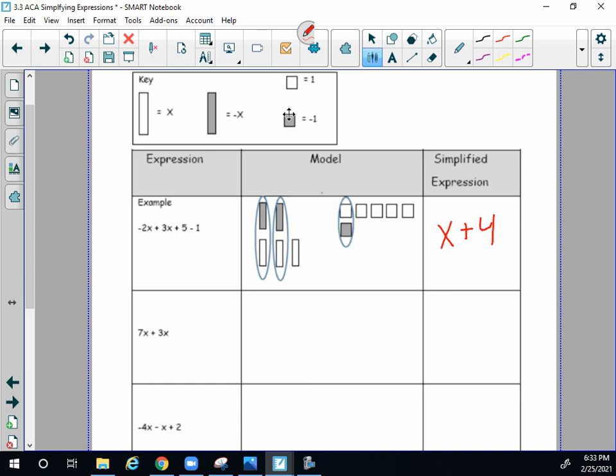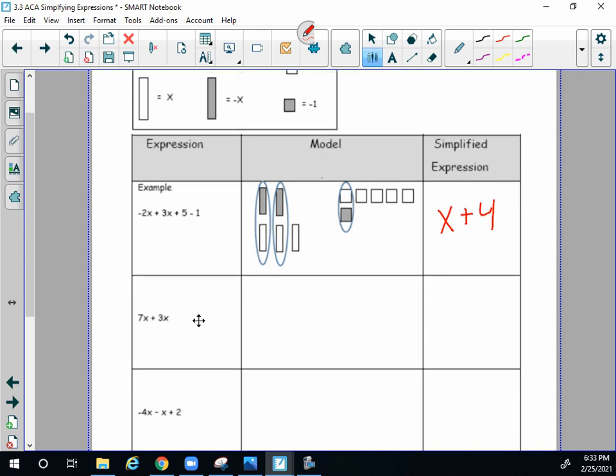Let's try this next one here. So here it says I have 7x plus 3x.